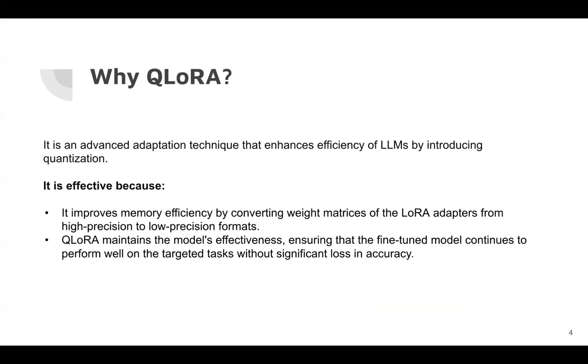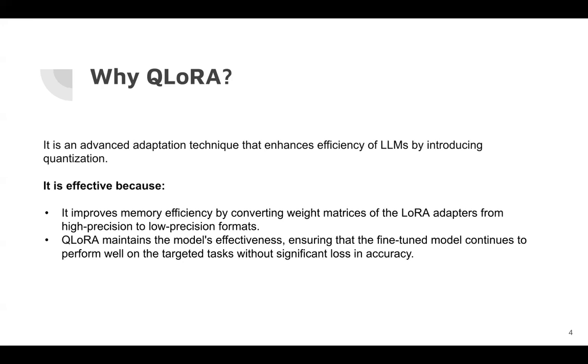So what is QLoRA? QLoRA stands out in fine-tuning because it introduces quantization into the adaptation process. It transforms the weight matrices of the low-rank adaptation, or LoRA, from high-precision formats to low precision. This innovation drastically reduces memory requirements and computational tasks without sacrificing the model's effectiveness.